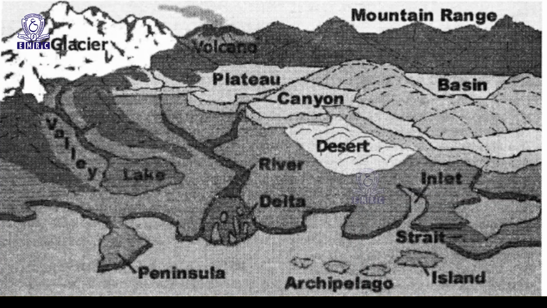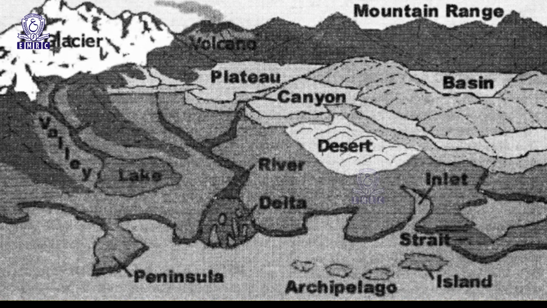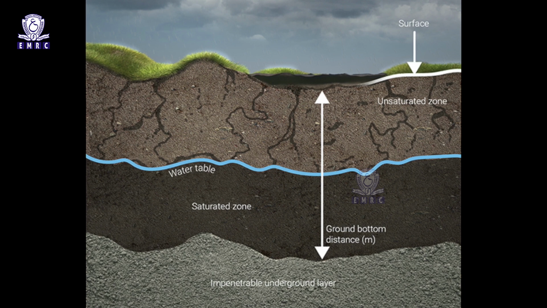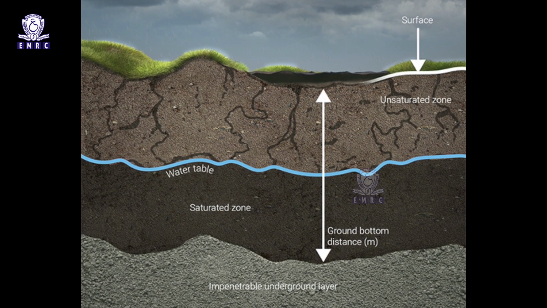The late maturity is characterized by the destruction of most of the solutional landforms. In the maturity stage, there is maximum transfer of surface water into the form of underground water. There is extensive cavern development. This is the stage when maximum karst development takes place.